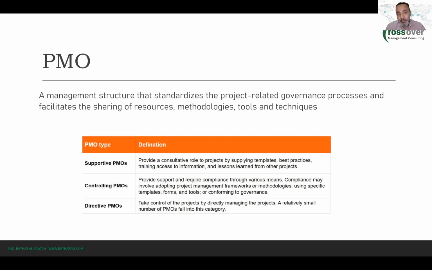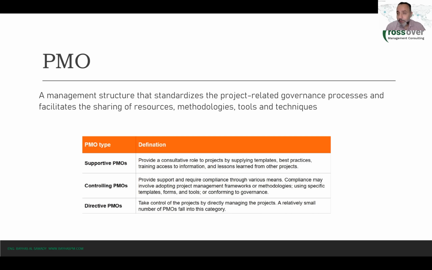So organizations tend to introduce the PMO gradually. They don't give the PMO full authority immediately, but it is given that role and authority gradually, in line with the organization's maturity level.